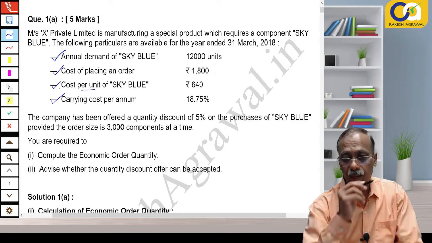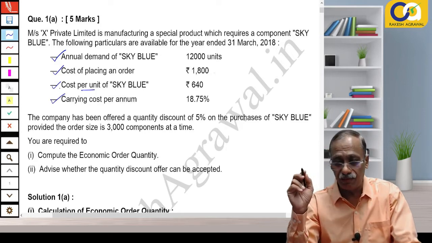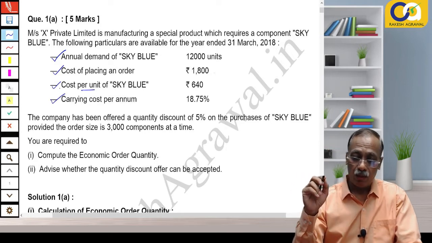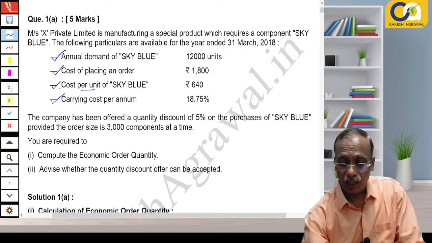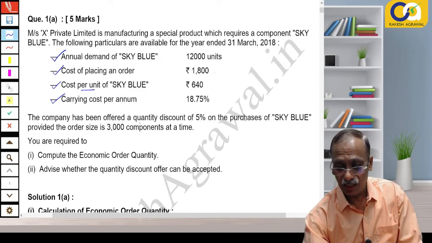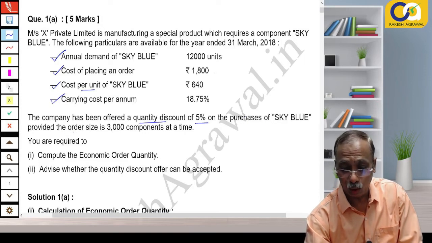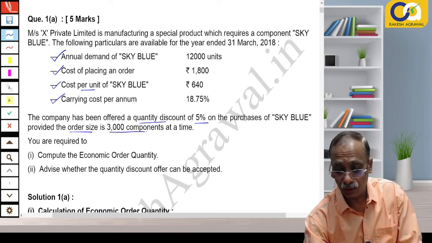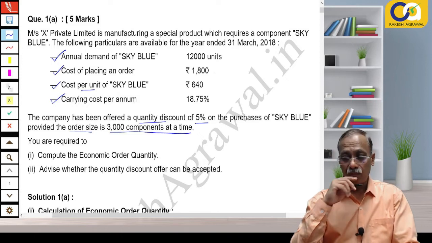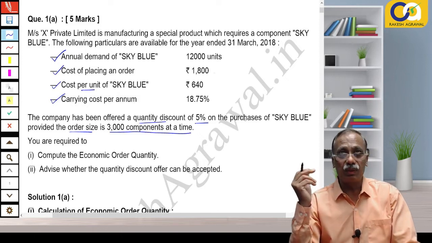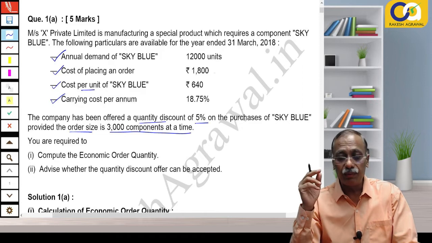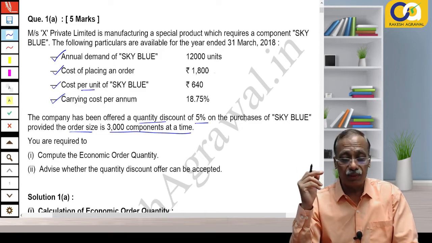And carrying cost per annum is 18.75%. The company has been offered a quantity discount of 5% on the purchase of sky blue, provided the order size is 3,000 components at a time. So if you directly order 3,000 components in one stroke, then you may get a 5% discount.